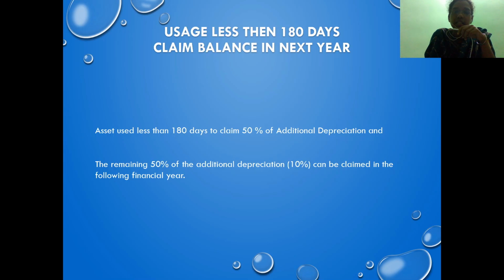In that case, only 50% of additional depreciation is allowed. 50% of 20% is 10%. So 10% will be allowed as additional depreciation, and the remaining 10% will be carried forward to the next year, and in the next year they will claim the remaining 10%.